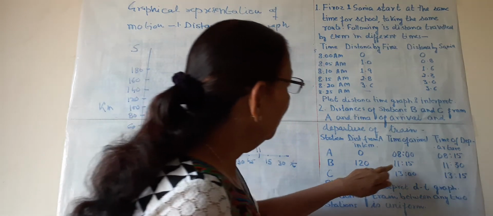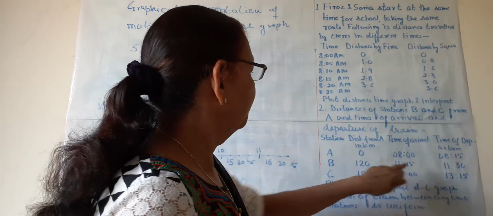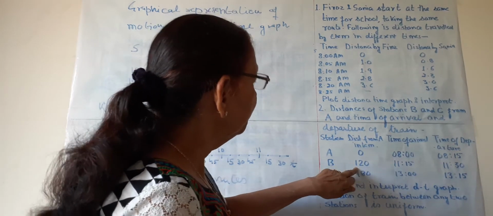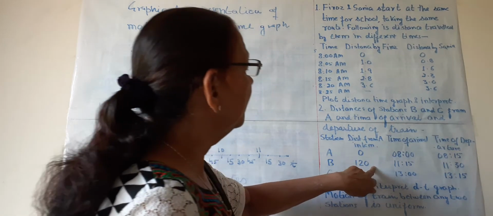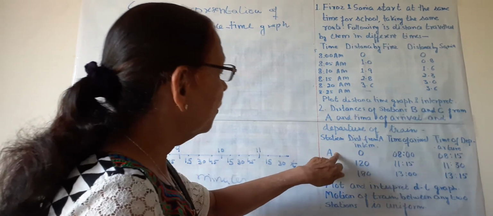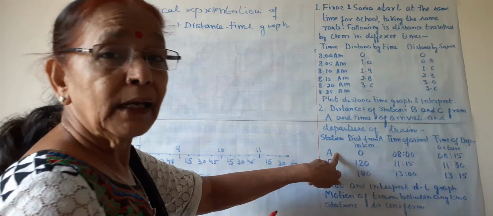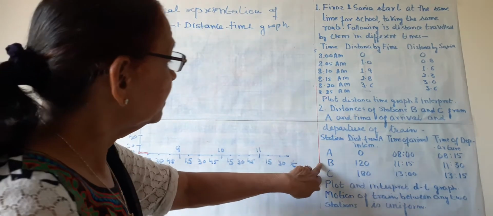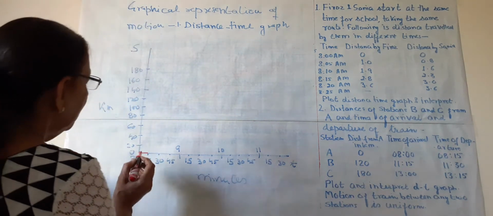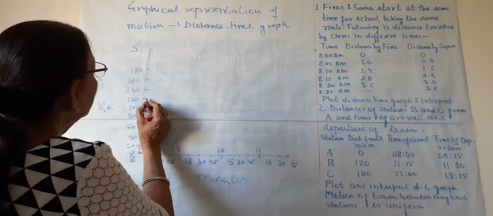Now at 11:15 it comes to station B, which is 120 kilometers far from station A. Are you following? So station B is 120. 120 is here.